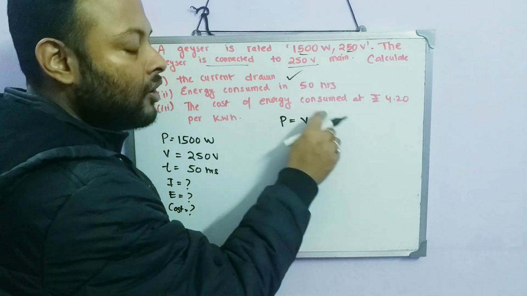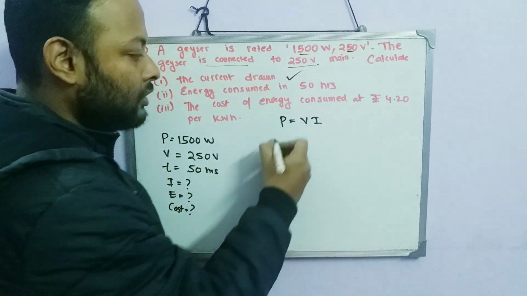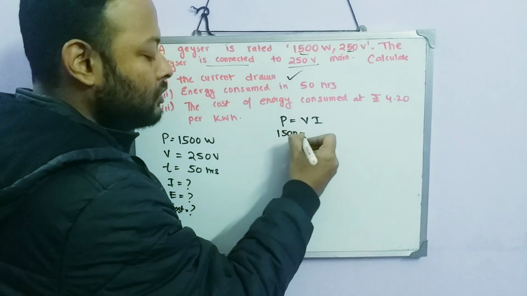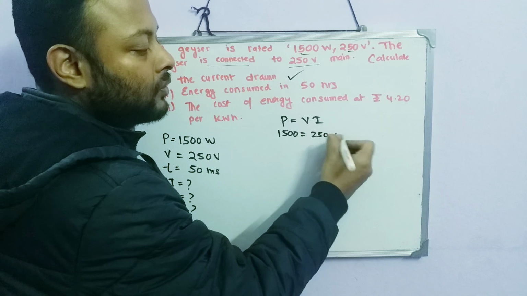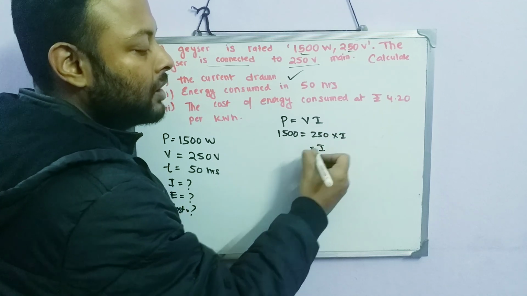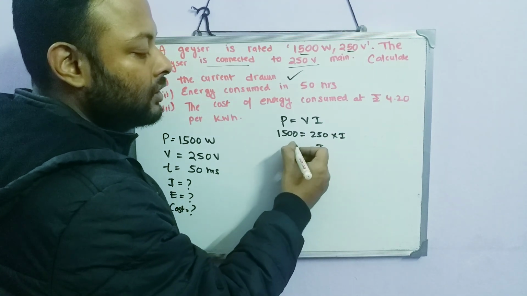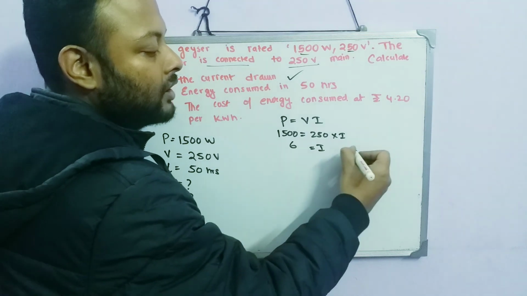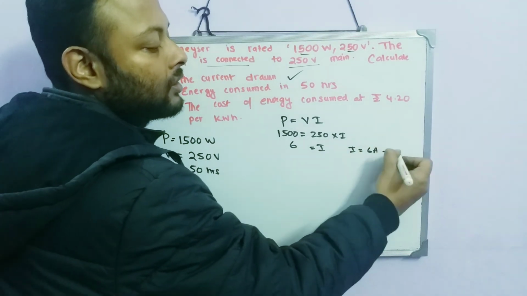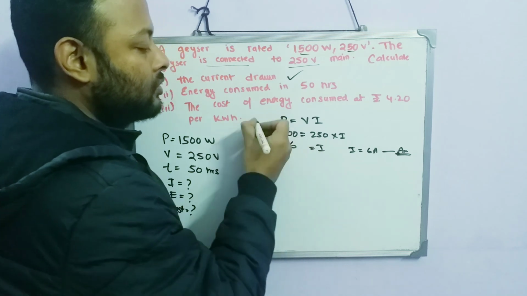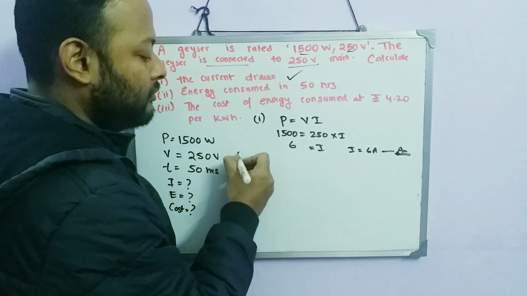So this formula will only help me. So it becomes 1500 is equal to 250 into current. So ultimately current comes 1500 by 250, that is 6. So current becomes equal to 6 ampere.